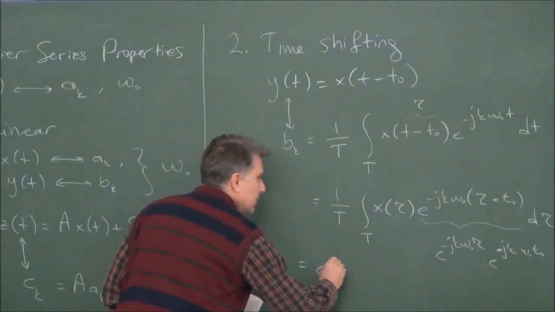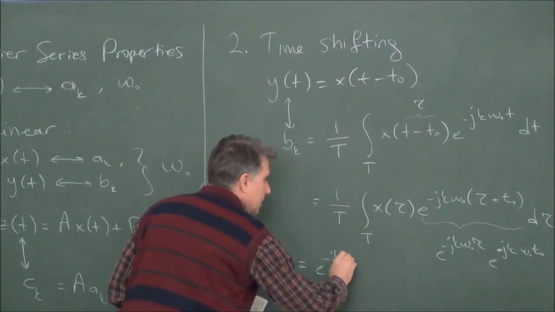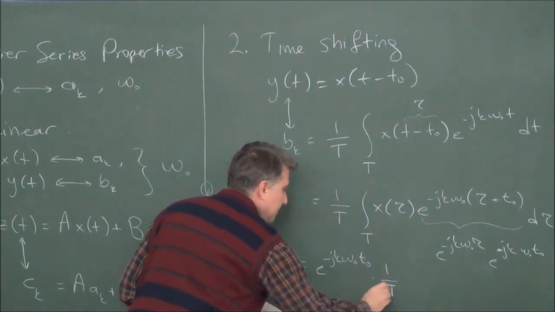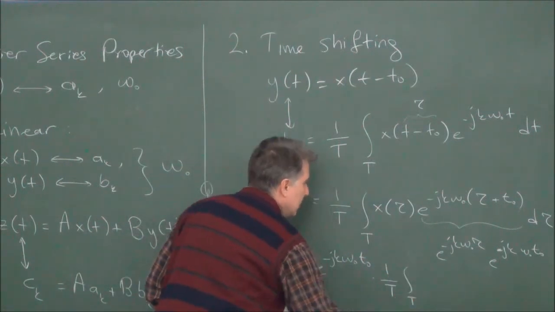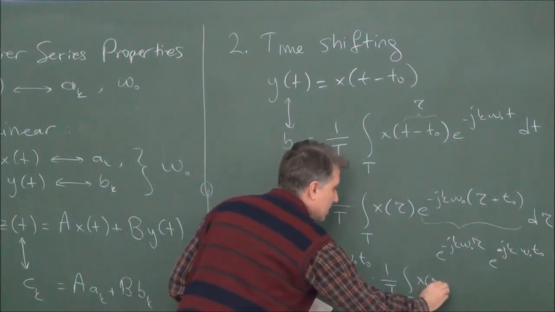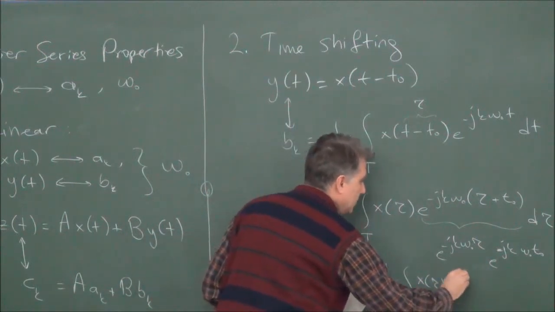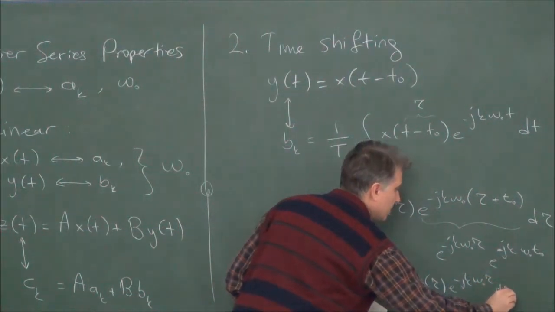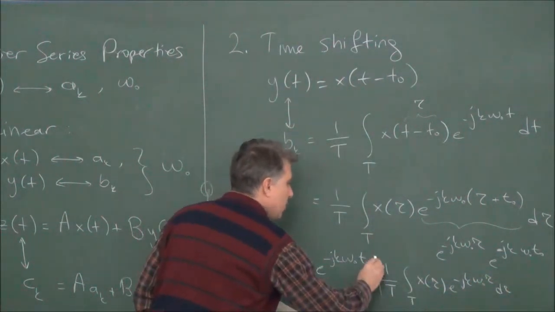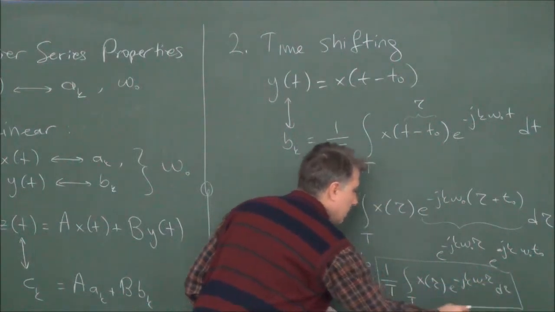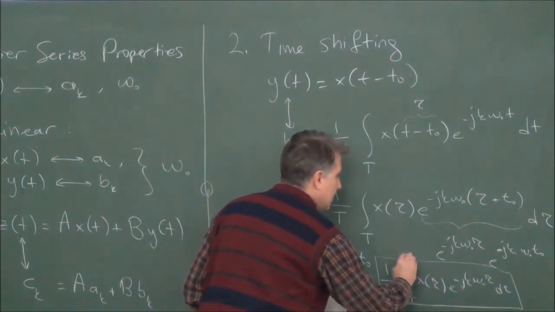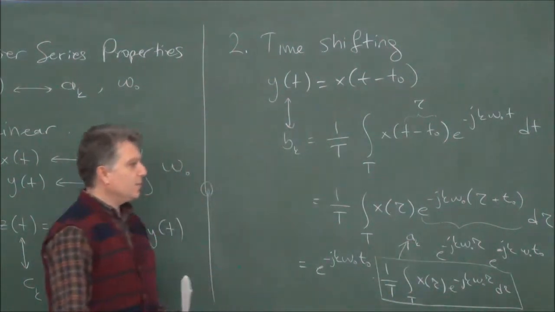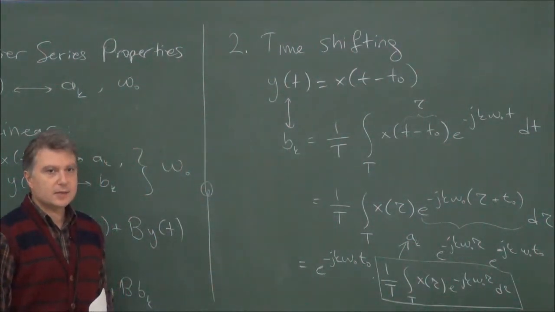So we have e to the minus jk omega 0 t0 times 1 over T, integral over T, x of tau e to the minus jk omega 0 tau d tau. And this portion is ak, the Fourier series coefficient definition of x.